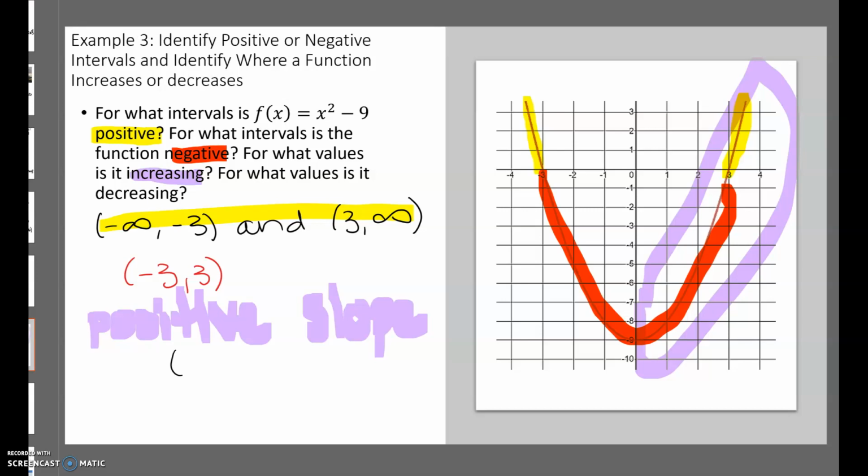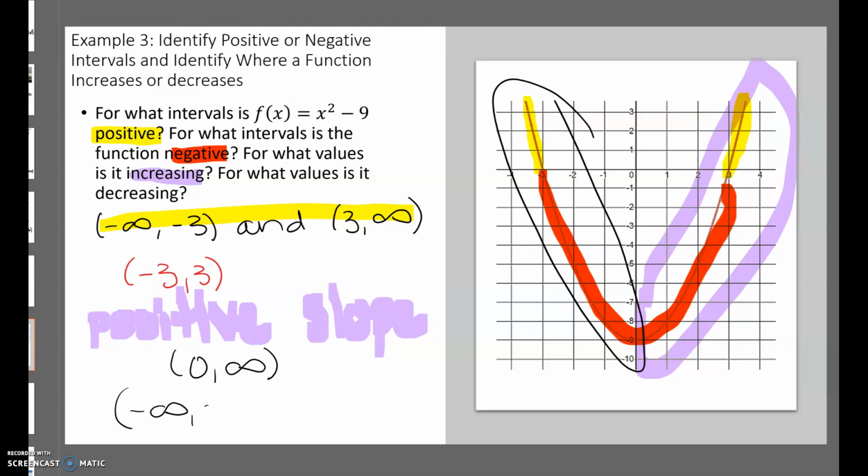So we're at 0 going on to infinity. And then where is it negative? It would be this part right here going down. That would be from negative infinity to 0 for negative. Or sorry, decreasing. That was increasing.